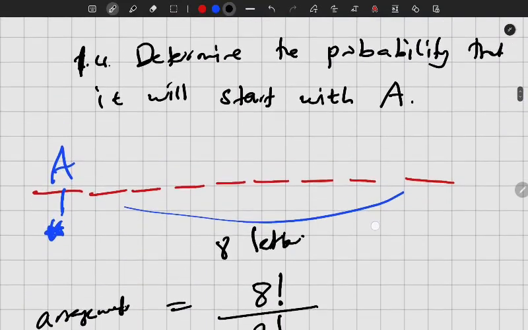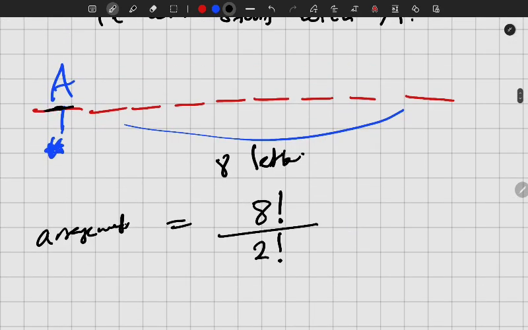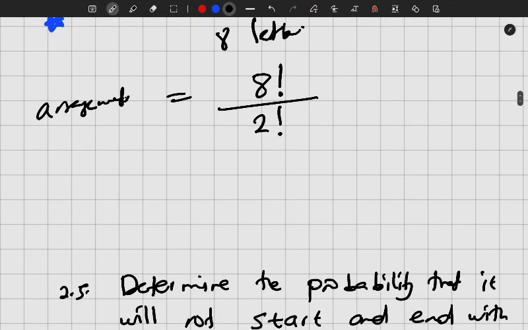But if they said it starts with N, we would then have N in the first position, but we would be left with 8 letters with only 1 N. So we won't have any repeated letters now, because we've used the first N, which is fixed. So we will not divide by 2 factorial, because we won't have 2 N's now; 1 is used.